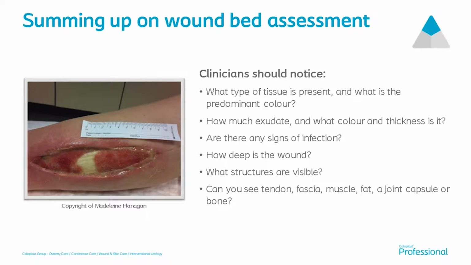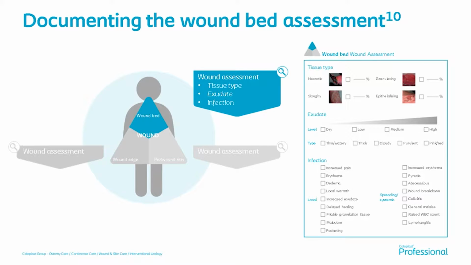So in this wound, for example, you can see tendon, and actually, again, that would help us to identify that there's some depth to this wound that we need to be managing. So we need to document all of these things, and as part of the Triangle of Wound Assessment, there is an easy way, a simplified way of documenting this, as you can see on the screen at the moment.